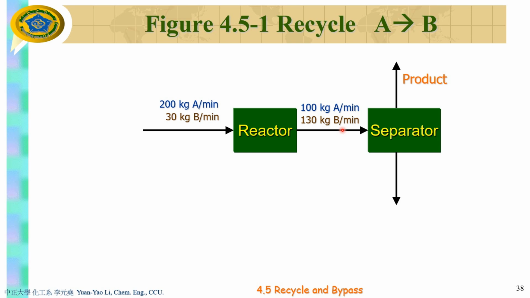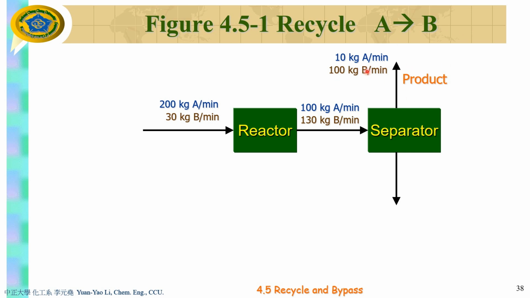There's no 100% conversion, but B can increase and A will decrease after the reaction, because A goes to B. This is a reversible process. Then you have 100 kilograms of A and 130 kilograms of B, and you do the separation. You cannot separate very well, but anyway, it doesn't matter. This is the product.